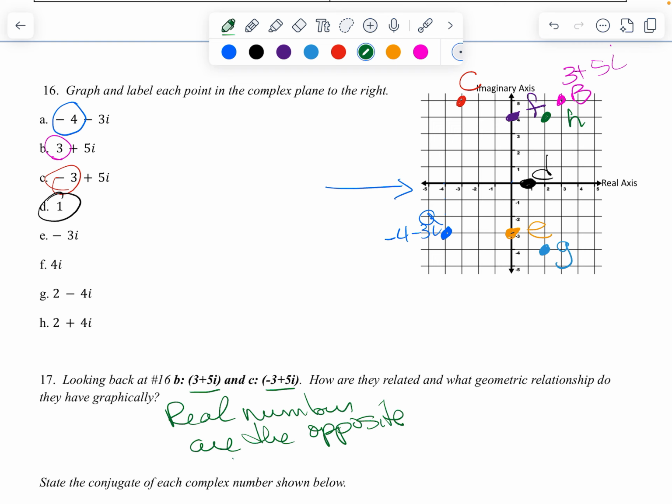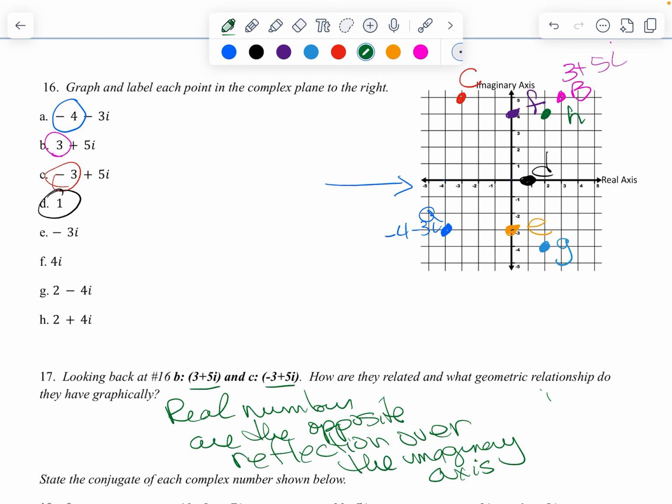So that makes them a reflection over the imaginary axis. And their imaginary number is the same.